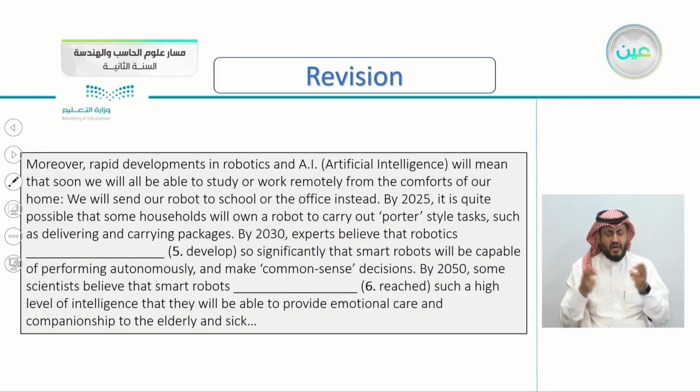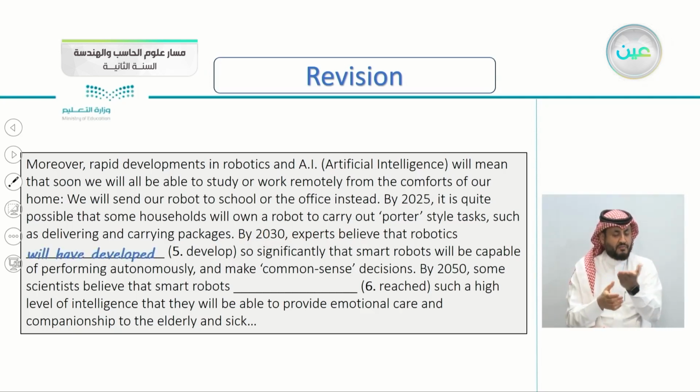So we're talking about two events here, two things. So we use the future perfect because we have two events here. By 2030, this is the first one. The second one, experts believe that robotics will have developed so significantly that smart robots will be capable of performing autonomously and make common sense decisions.